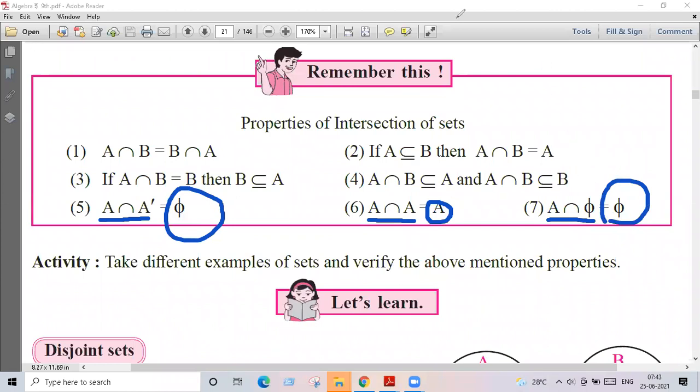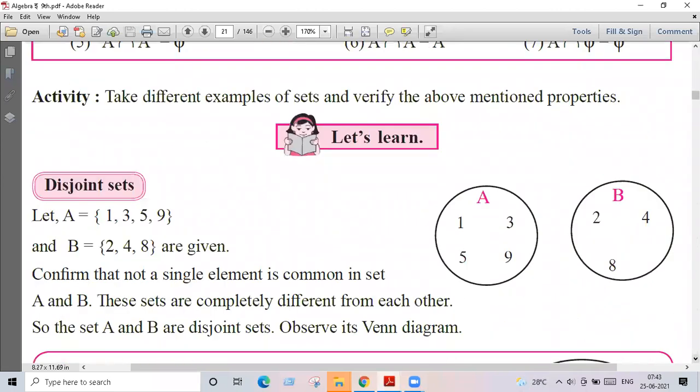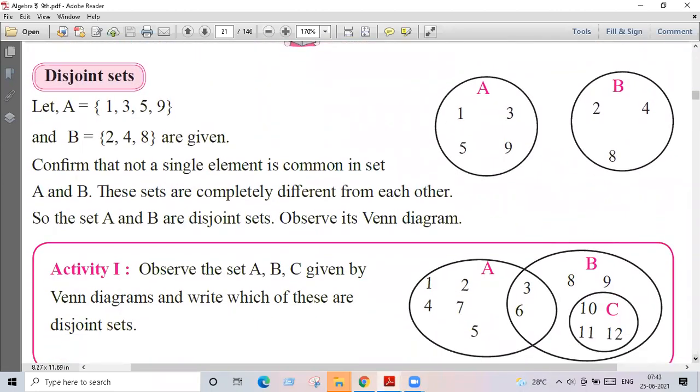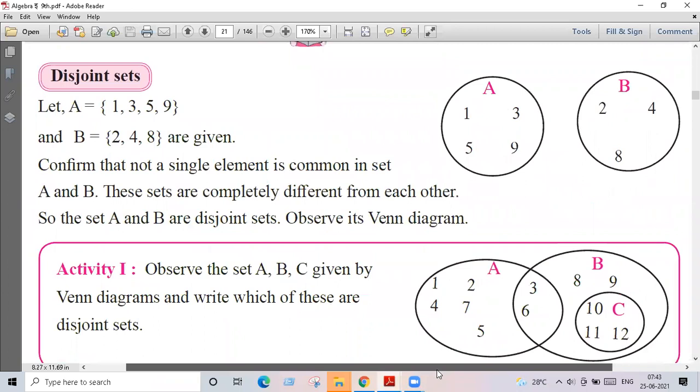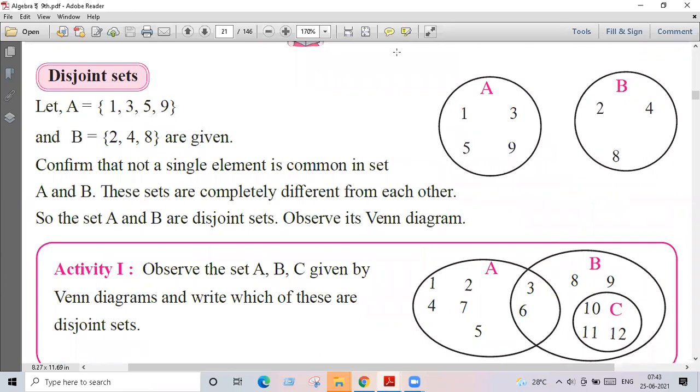So we have seen the intersection. The second thing we are going to learn is disjoint sets. What are disjoint sets? A is 1, 3, 5, 9. Set B is 2, 4, 8.